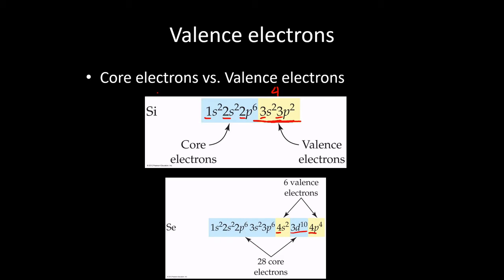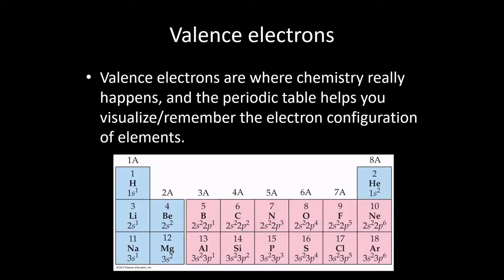Now, the reason that we care about valence electrons is because valence electrons are where the chemistry is happening. Valence electrons are the electrons that are the farthest away from the nucleus.